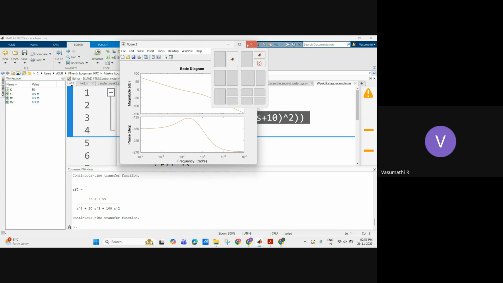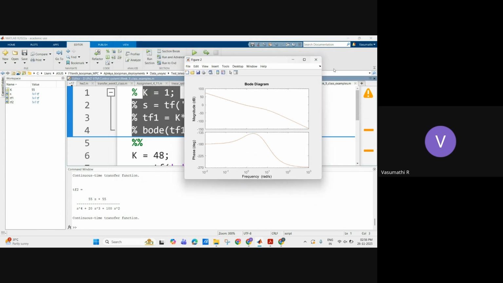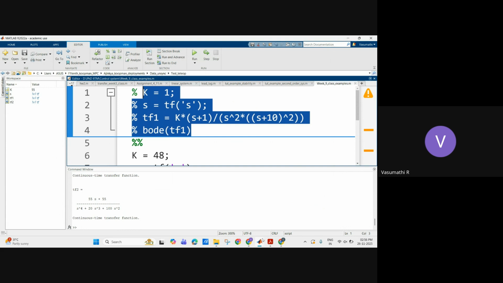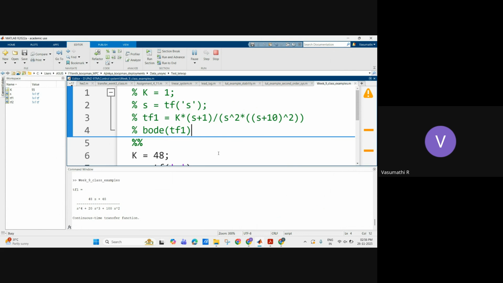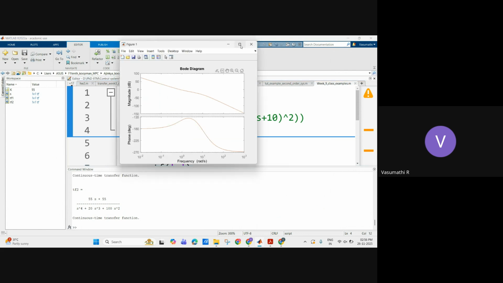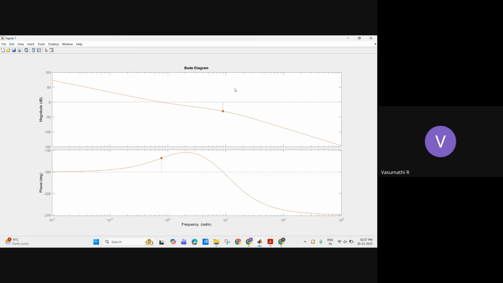Okay, this is the actual figure. Now I want to see all the stability margins, gain margin and phase margin. So here it is. Gain margin is 30, phase margin is 29.